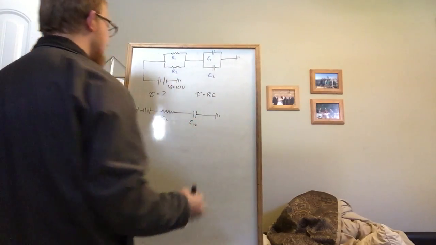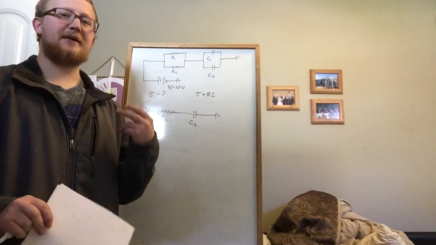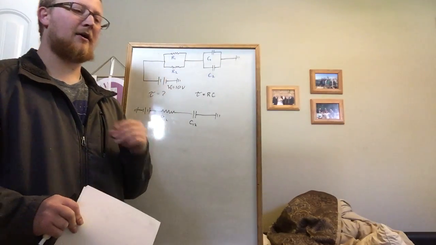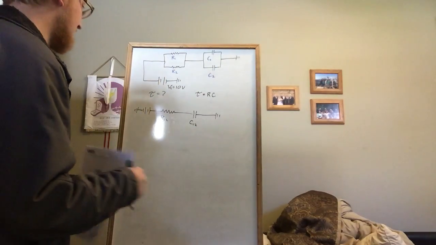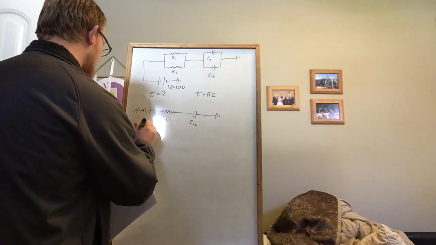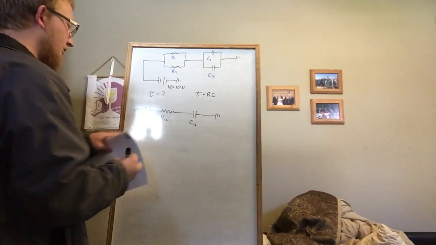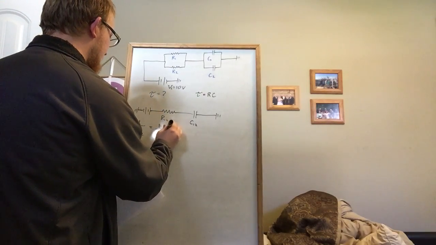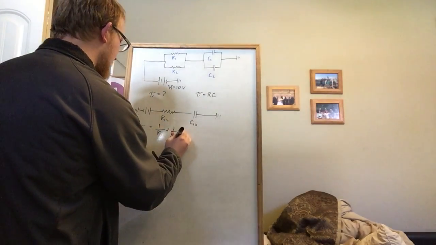I'll call it C12. And the trick here is that resistors in parallel and capacitors in parallel are added in inverse ways. So to find R12, we'll have to say that 1 over R12 equals 1 over R1 plus 1 over R2.